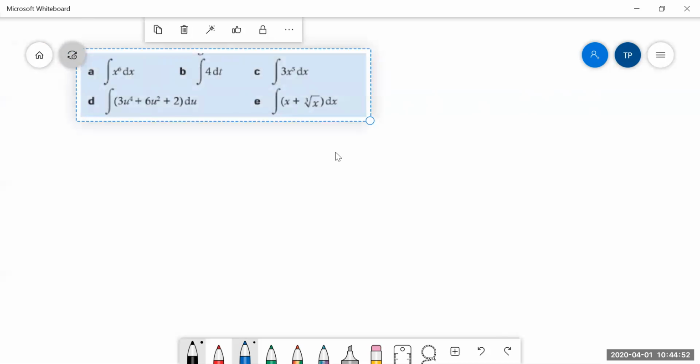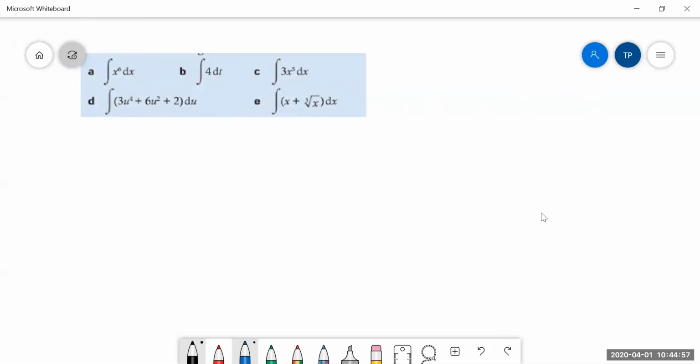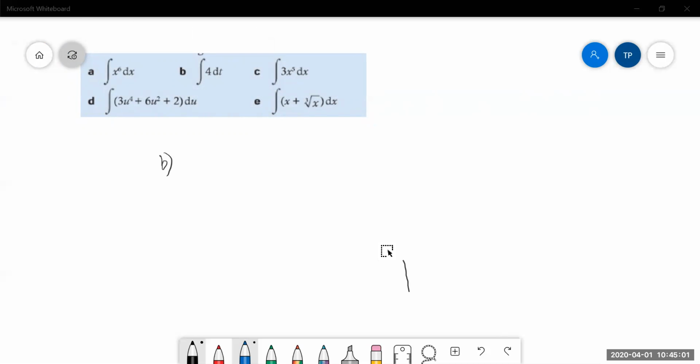Can you show me B? But there's no x. I mean, in this case, we are not looking at x.